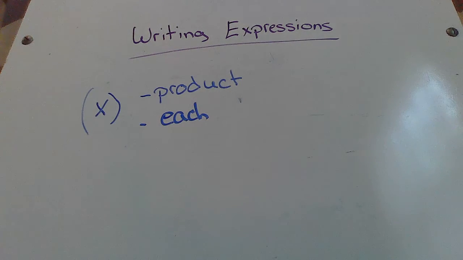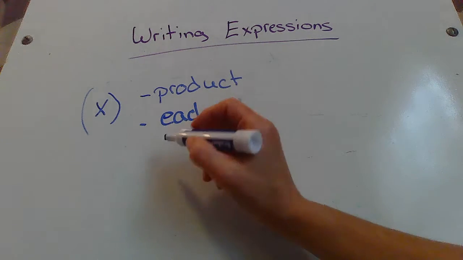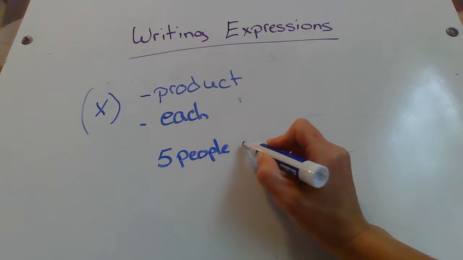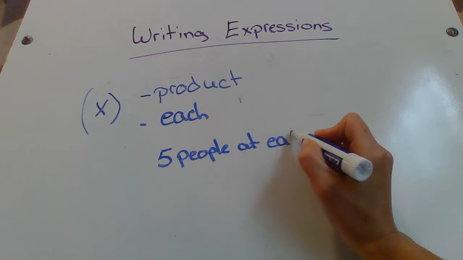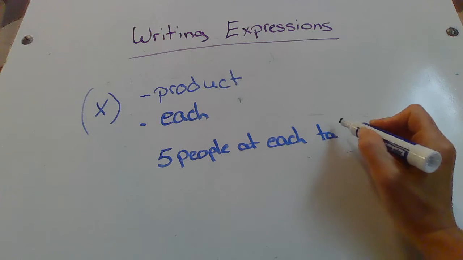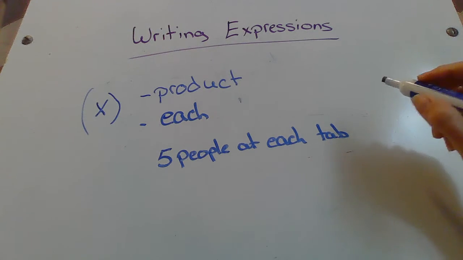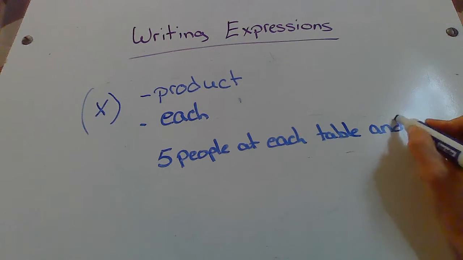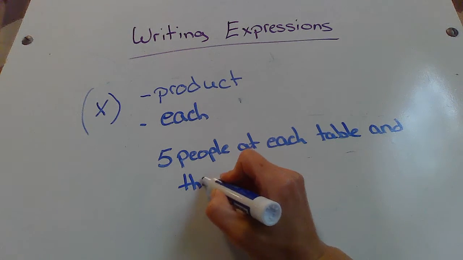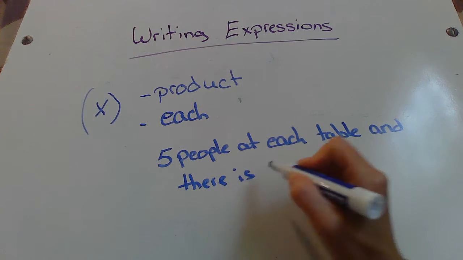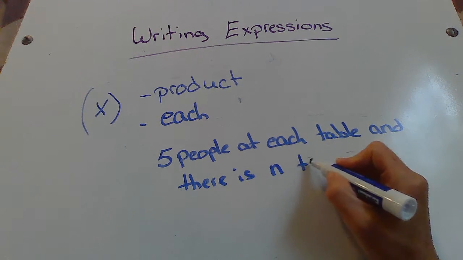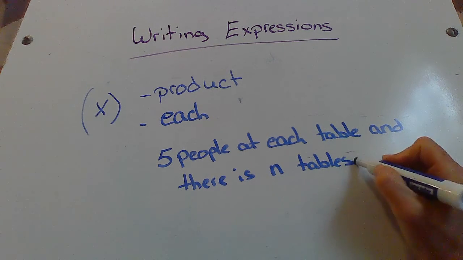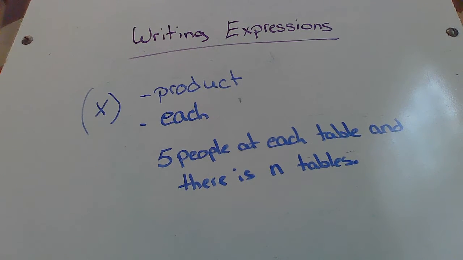For instance, if I have tables and there's 5 people at each table, and there is n tables, how many people would that be?